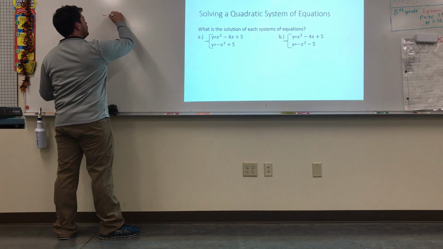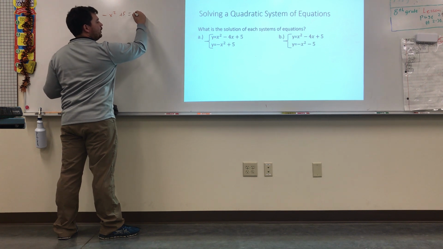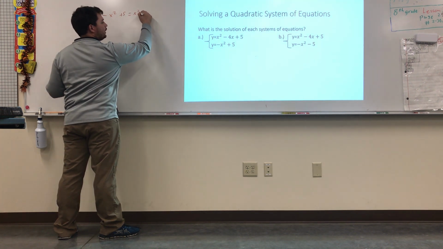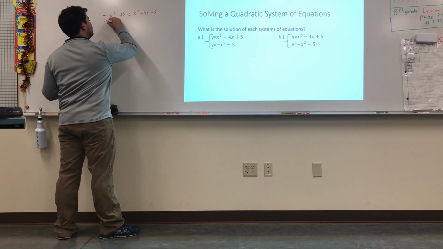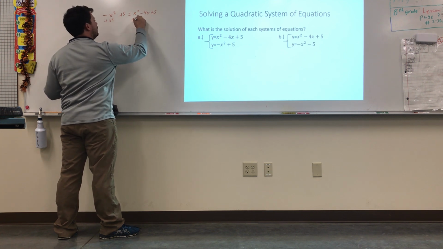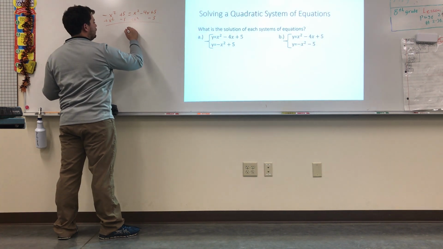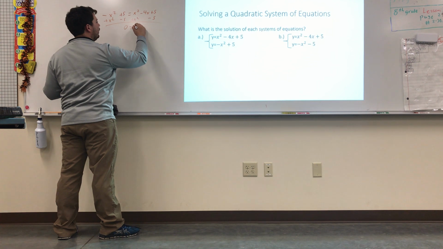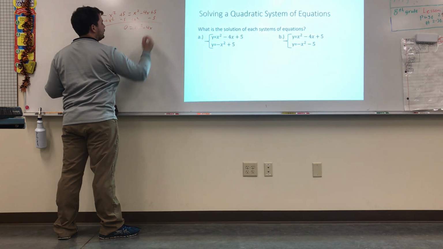We have negative x to the second plus 5 equals x to the second minus 4x plus 5. Add x to the second to both sides. Subtract 5, subtract 5. I am going to get 0 equals 2x to the second minus 4x.